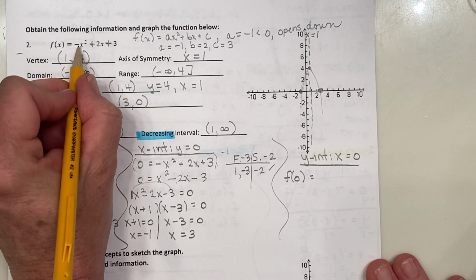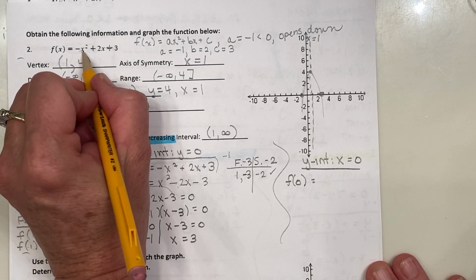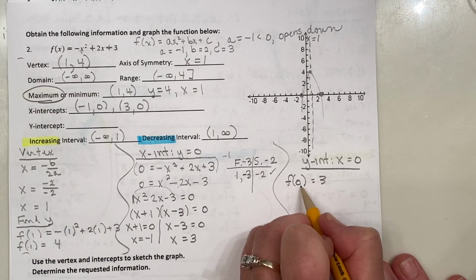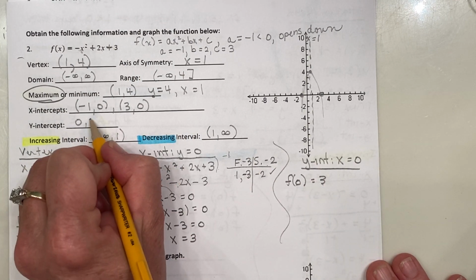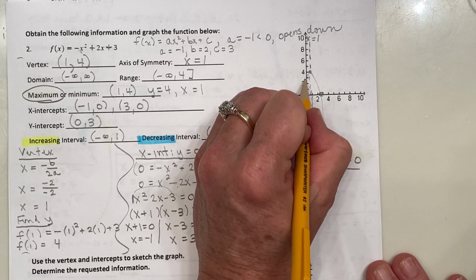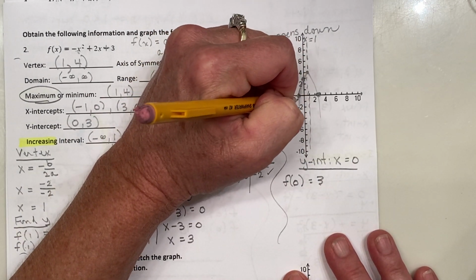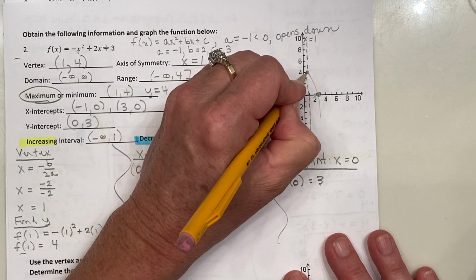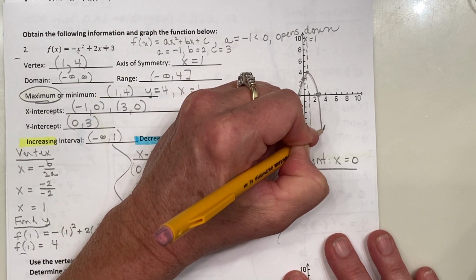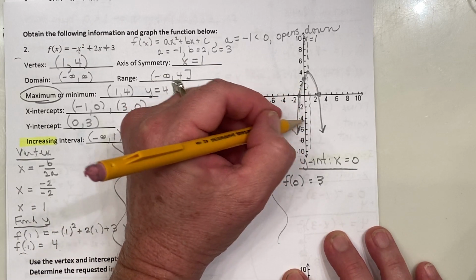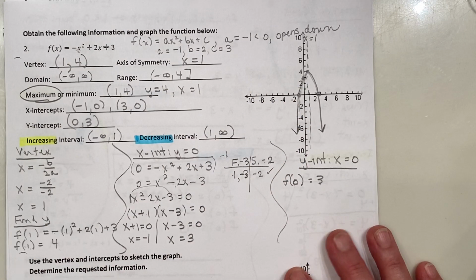If you come up here and see in the original problem that if this x is 0 and that x is 0, you're actually just left with 3. So (0, 3) is your y-intercept. So (0, 3) is right here. So I'll use these points to help me finish this graph, and try to make it as symmetric as you can around the axis of symmetry.